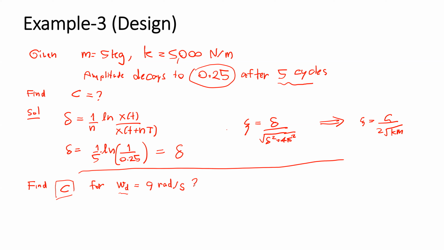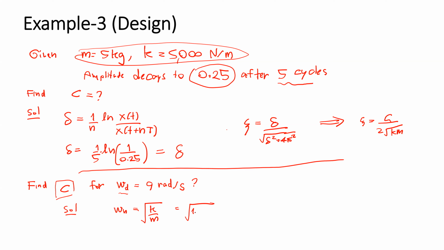The idea, for the given information, is that we know omega n, the undamped natural frequency, is equal to the square root of k divided by m. So we can obtain the value of omega n.